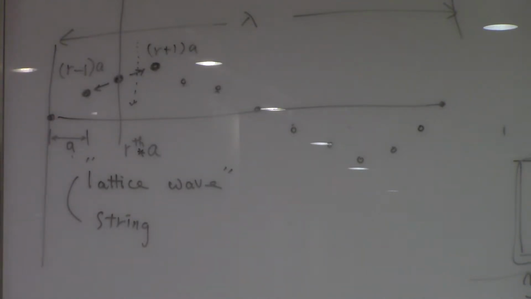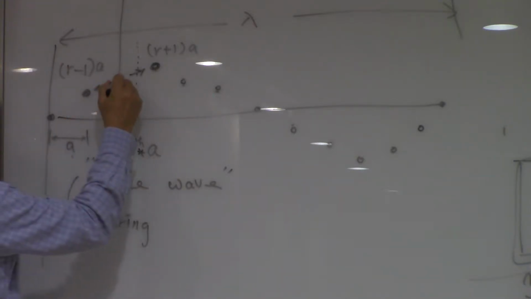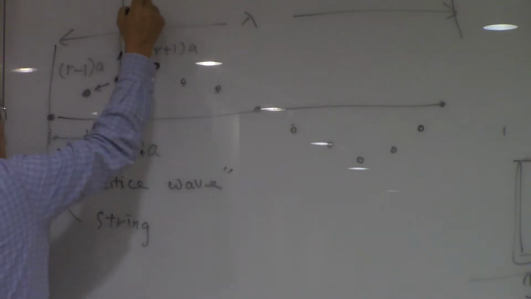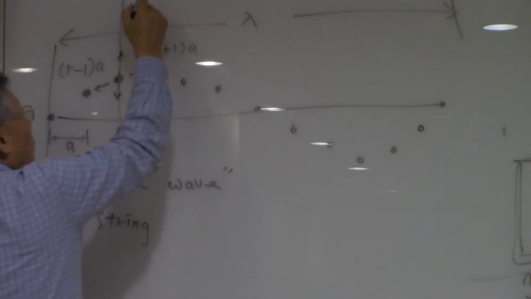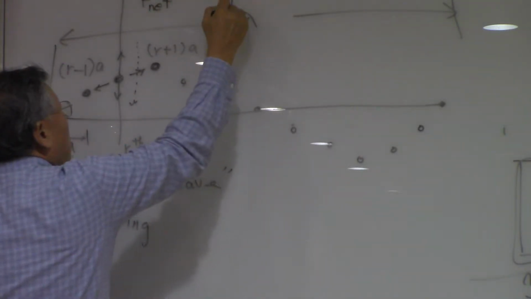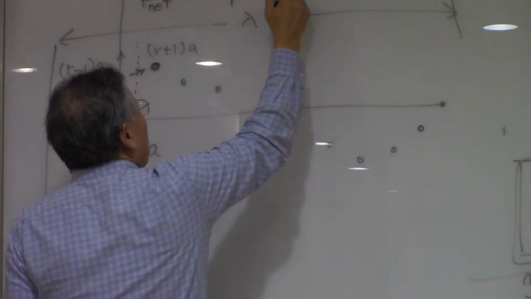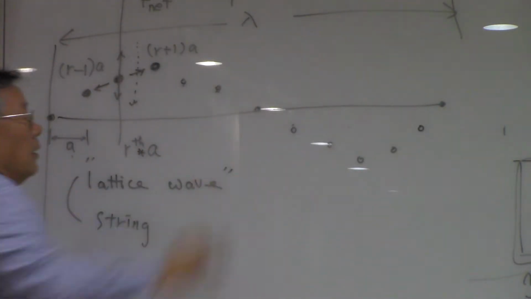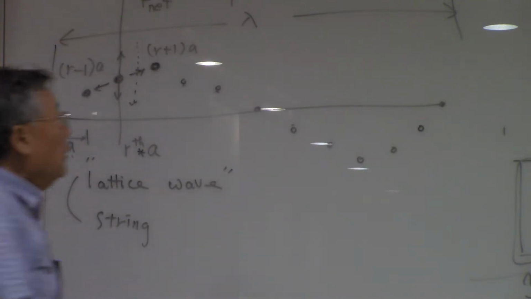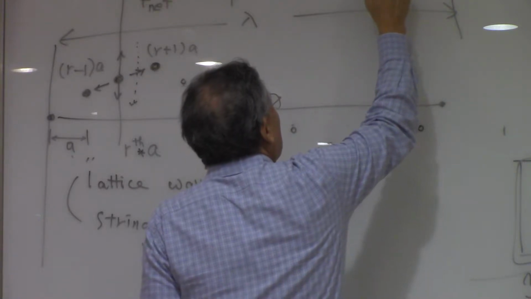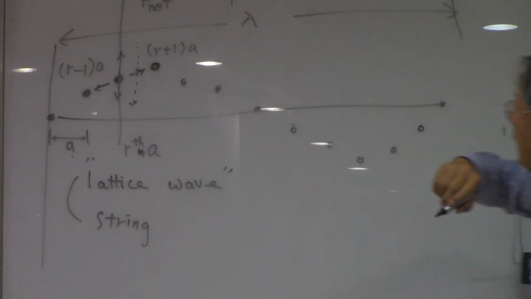So all we have to do is calculate the force up on this atom and the force down, and then, as we did for the string, we want to find the net force, which is up minus down. That is going to be related to Newton's law, F equals ma, right?